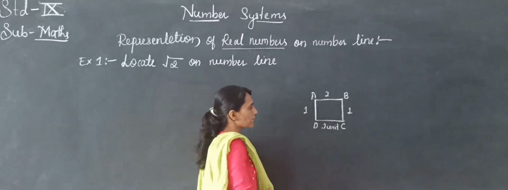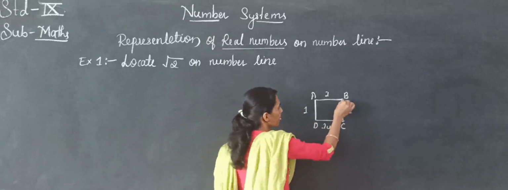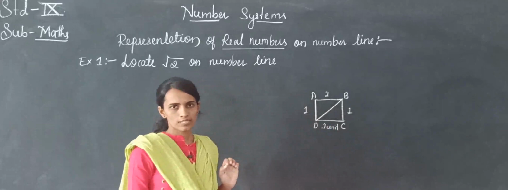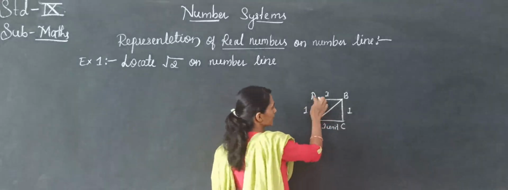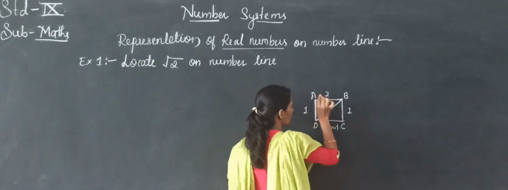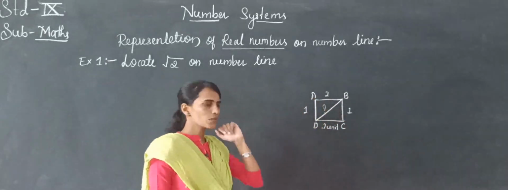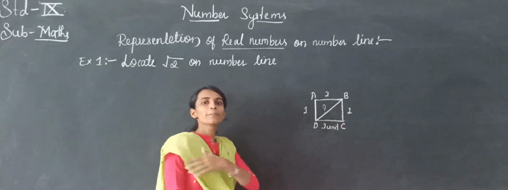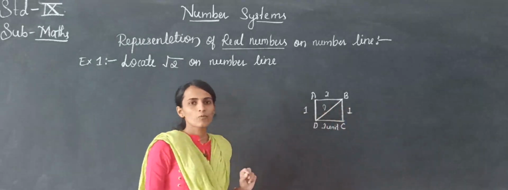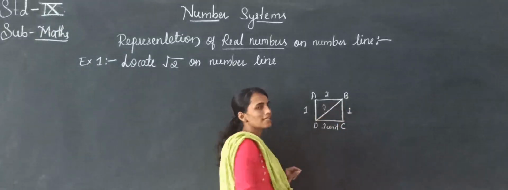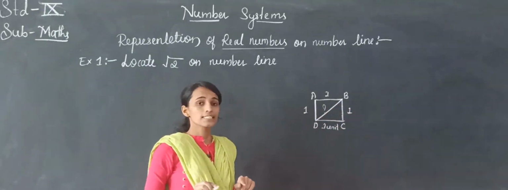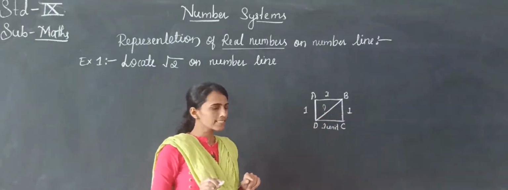Then when we join the diagonals, we get AC as a diagonal and BD as a diagonal. What is the value of BD? We check this by the Pythagoras theorem, because when we join the diagonal, the two triangles we get are right angle triangles, since each angle is 90 degrees.